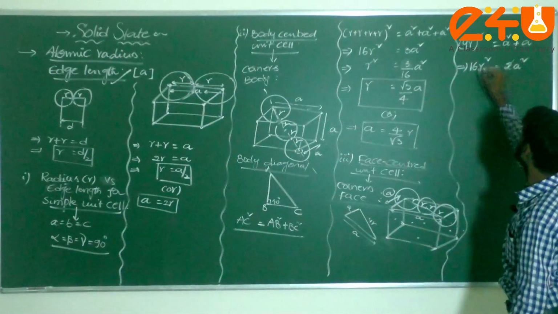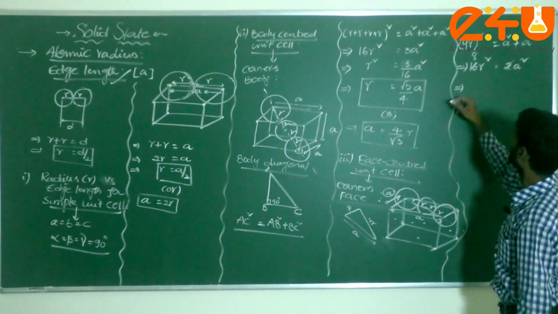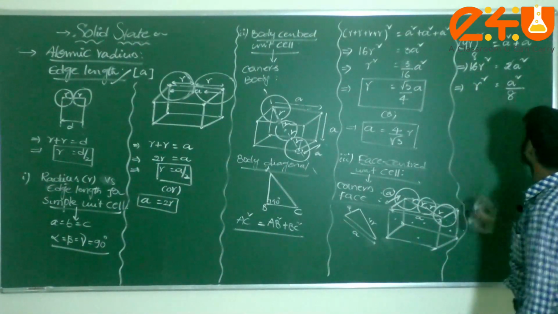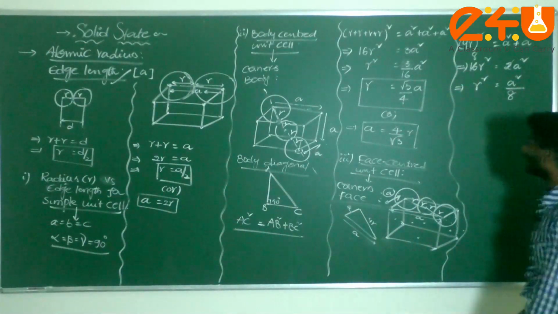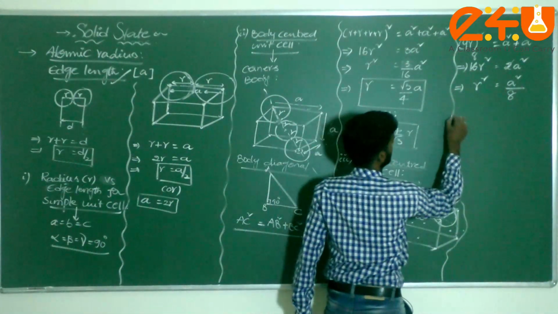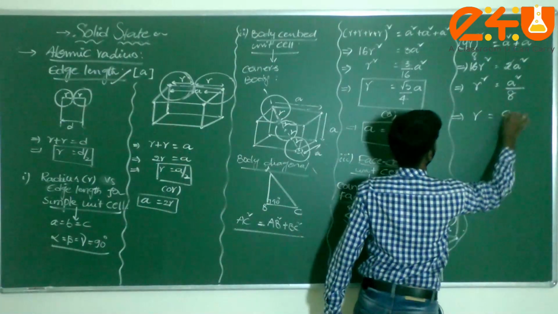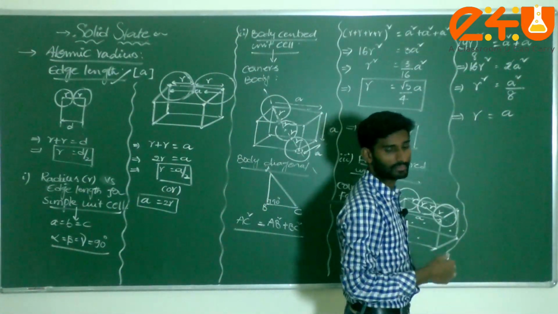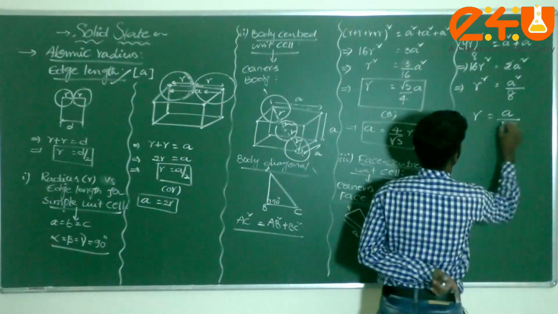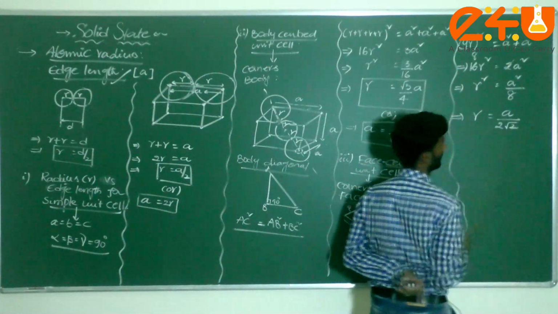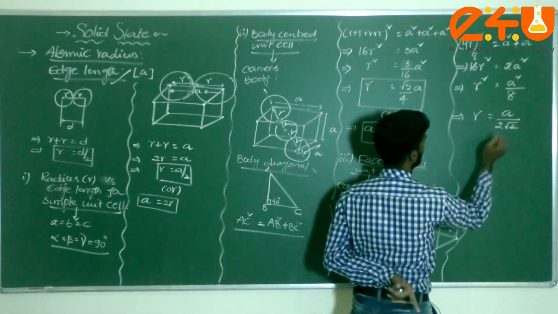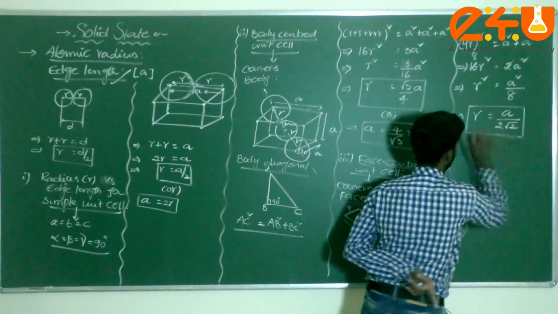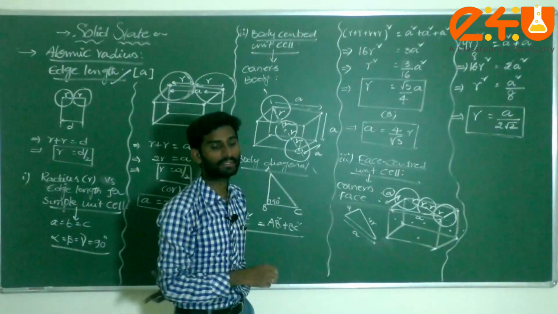Am I correct? 2 cancels with 8 times, that implies r square is equal to a square divided by 8. A square divided by 8. That implies r is equal to a divided by root 8. That means how to write, dear student? Can I write here 2 root 2 or not? If 2 goes inside, 4 twos are 8. Now this is the radius of the face centered unit cell.